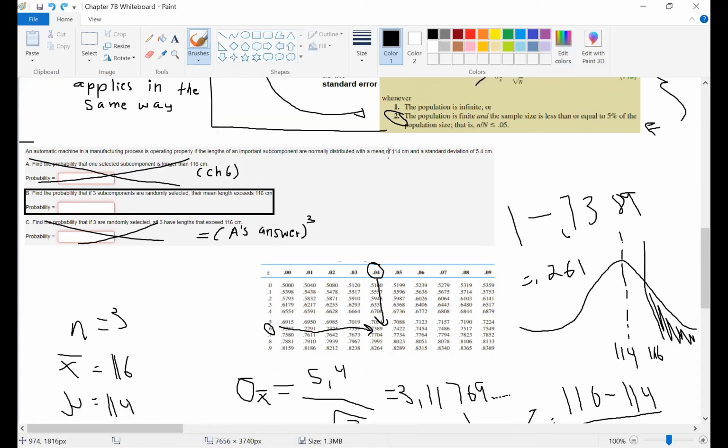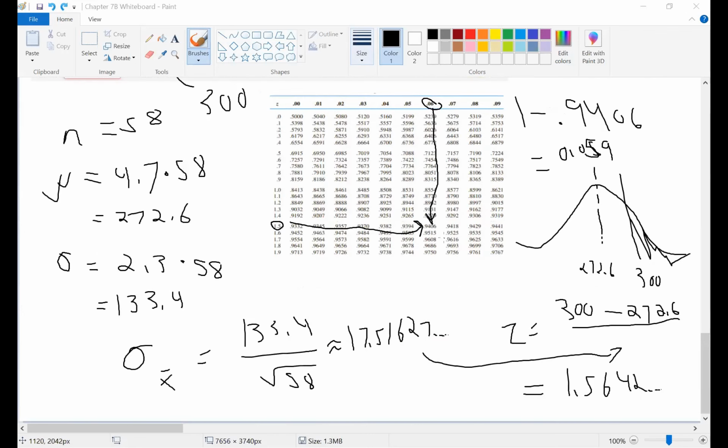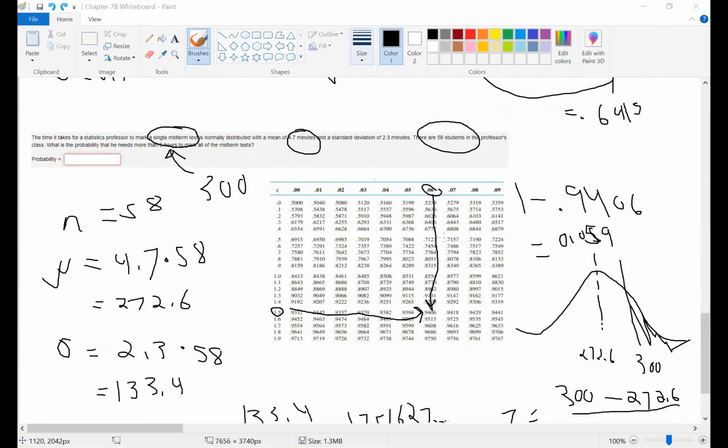If I asked you the total length of 3 subcomponents, then we'd multiply by 3. But I'm not. I'm asking you for the mean of the 3. If that problem we just had, if I asked you what's the mean time to grade 1 student, you'd still say 4.7. But case in point, we don't multiply by 3 here because it's not asking us for the total length of all 3. Whereas in this one, it's asking for the total length of all 58.